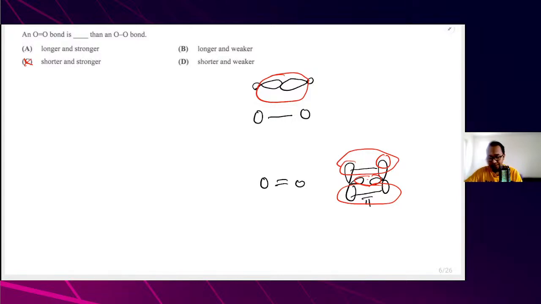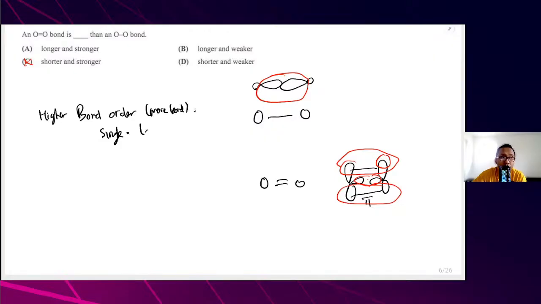Just remember the general bond order trend. A single bond will be longer. A higher bond order, or more bonds, will be shorter and stronger.